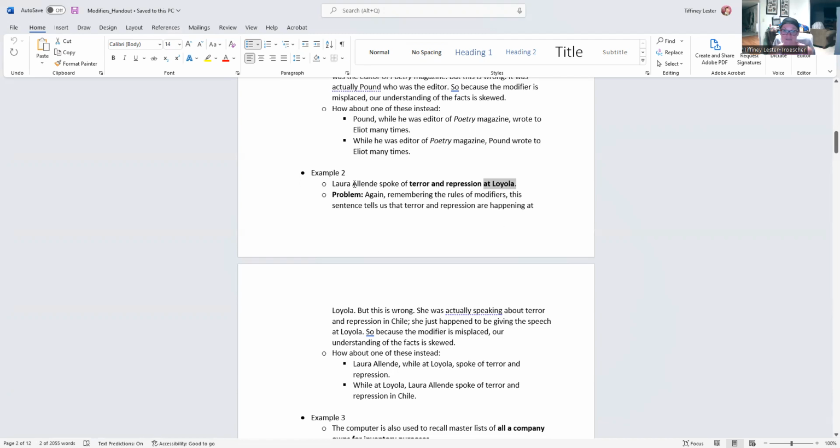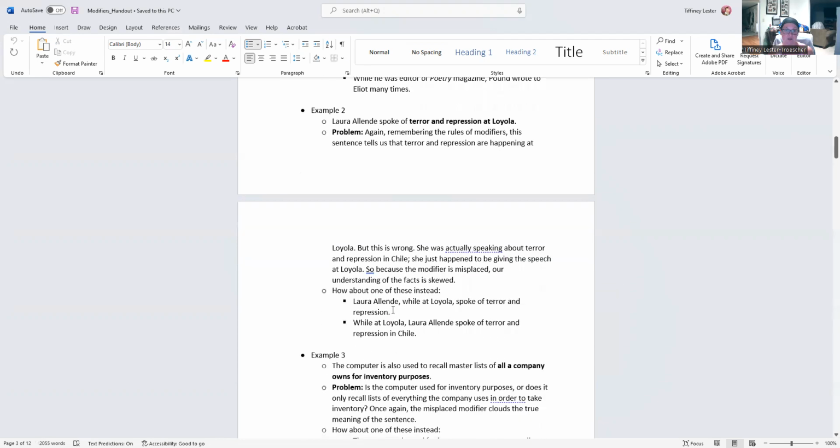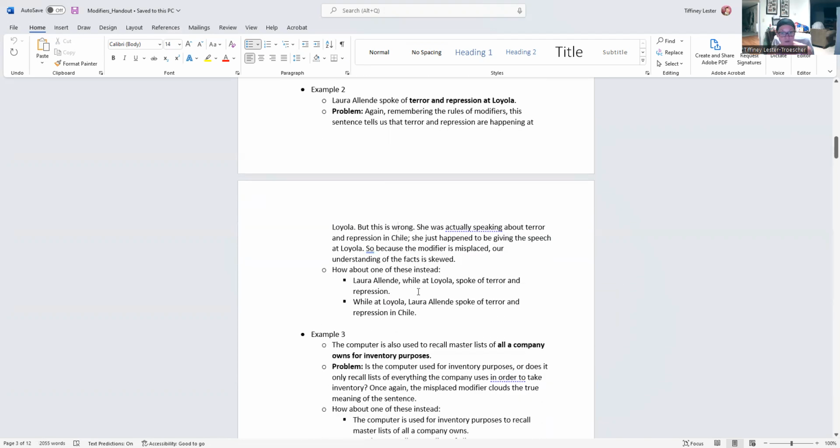So again, this leaves the reader with a completely incorrect idea. It's not correct information. We need to clarify. Laura Allende, while at Loyola, spoke of terror and repression.